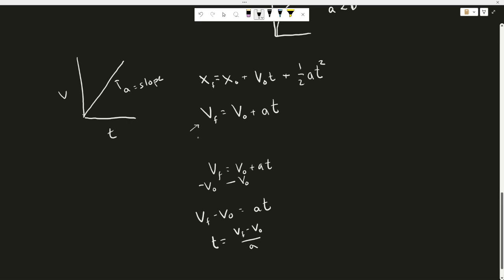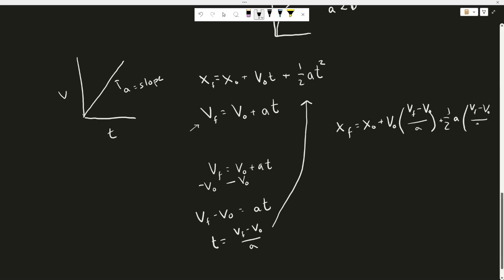Then I can plug that in to my other equation up here, and I'll get x final equals x initial plus V naught. Well, now I have a t, so I have to put Vf minus V naught over A, and then I get a plus 1/2 A, and then t squared, so Vf minus V naught over A quantity squared.